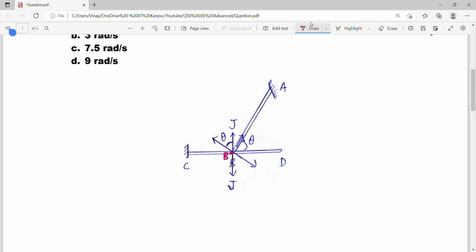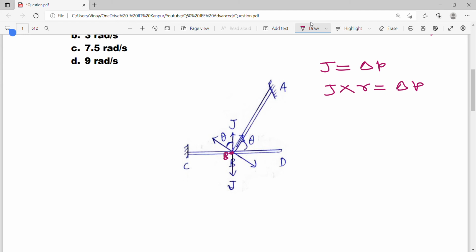As I told you, impulse in linear motion is J equals delta P, the change in momentum. And similarly, angular impulse is the moment of impulse, J times r, equal to the change in angular momentum. I'm trying to write magnitudes.